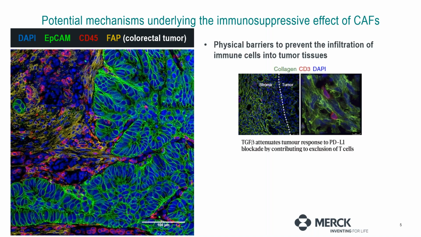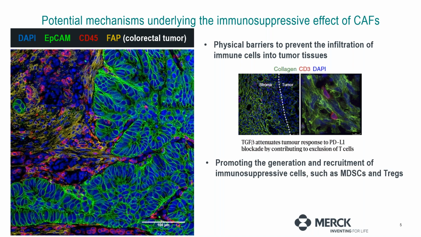Consistent with our finding, other studies show that CAFs may function as physical barriers to prevent the infiltration of immune cells into the tumor bed. There are also other mechanisms. One of them can be the interaction between the CD45 cells and the CAFs because of the close proximity.